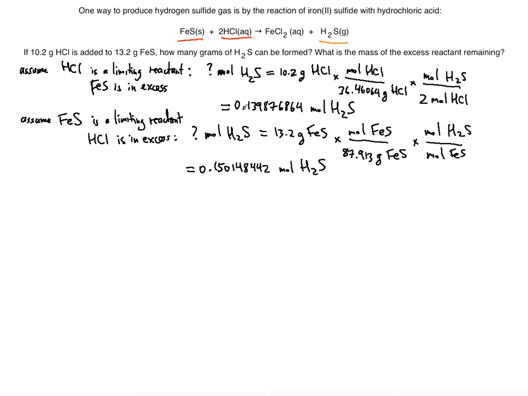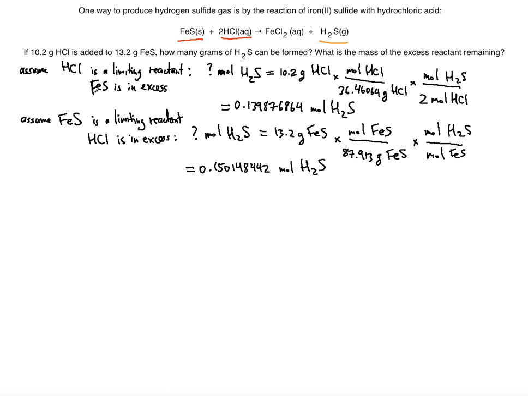So we know for sure that the smaller amount dictates the correct assumption of a limiting reactant, which is HCl, right? Because limiting reactant means that it will be used up sooner than the excess reactant, right? So since we have a smaller amount of the product formed than the second scenario, we know for sure that the HCl must be the limiting reactant. It's the compound that will be used up sooner, right?